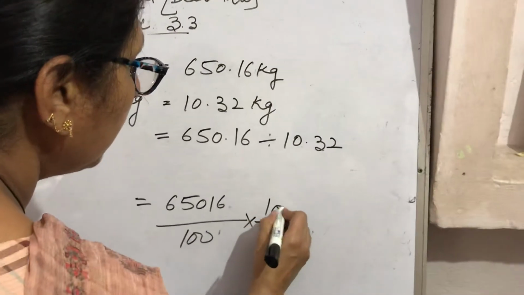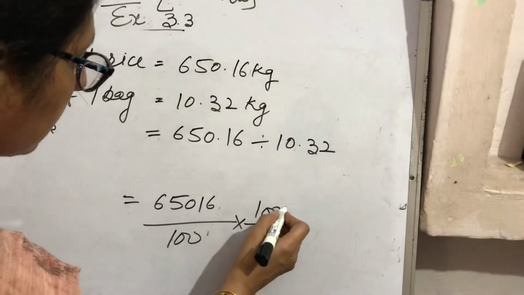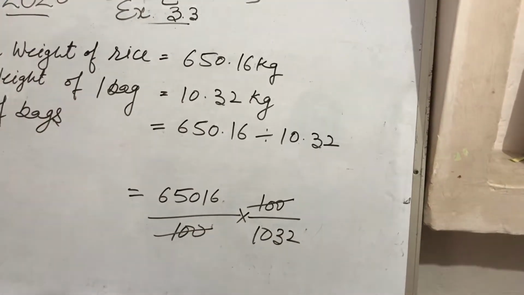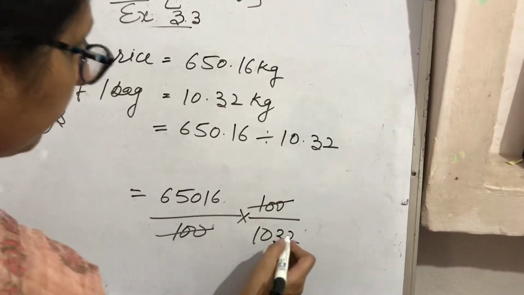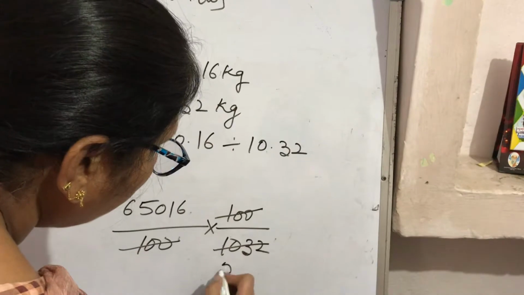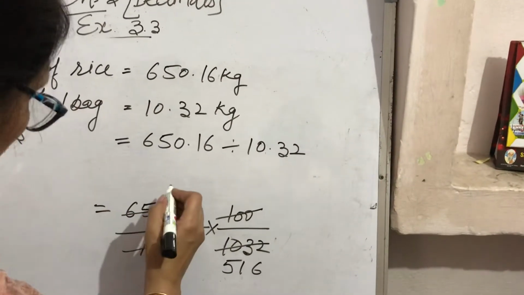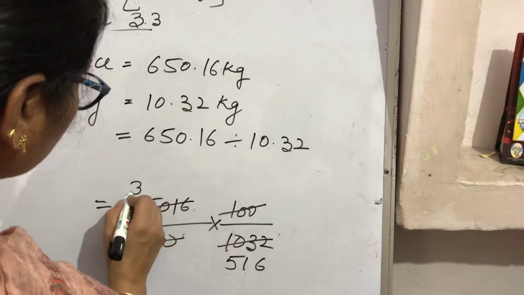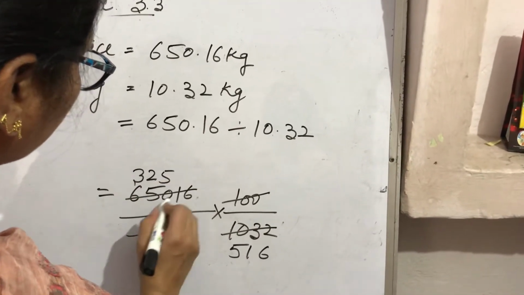So for removing this decimal, this 100 should be taken at the numerator place. So 100 cancels with 100. Now we can reduce stepwise. It will be reduced by 2: 5, 1, 6. Again by 2: 3 twos are 6, 2, 5.